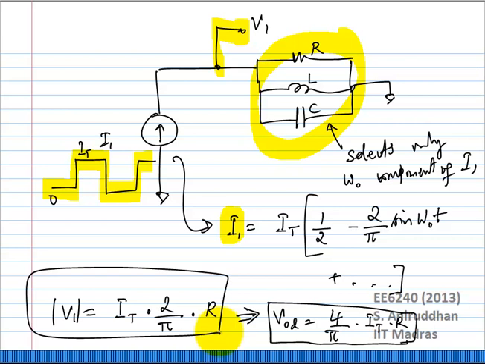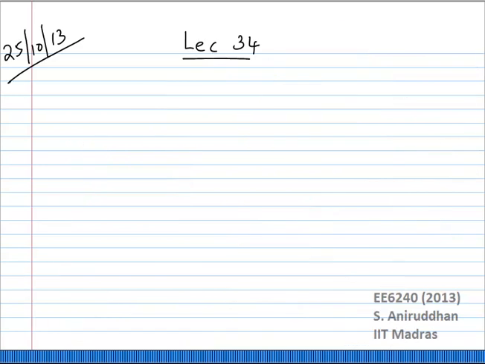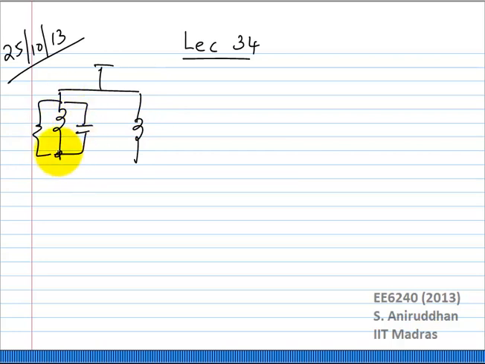So we have analyzed the differential cross-coupled oscillator. Now, if you look at the version we actually built, we actually built this version.